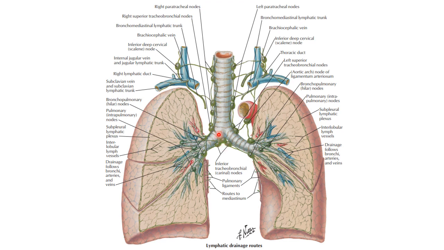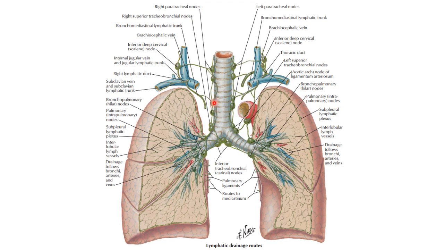And then from there, it will go into the right tracheobronchial nodes, okay, superior tracheobronchial nodes, and then into the paratracheal nodes, meaning para means around.